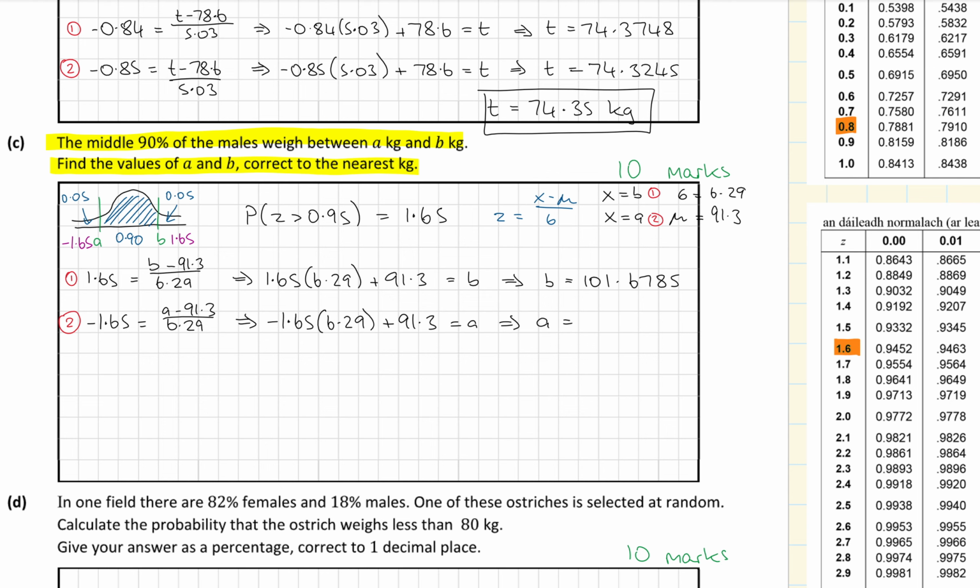Again, you can just go to your previous sum and swap out your plus 1.65 for minus 1.65, and we get a is equal to 80.9215. Correct to the nearest kilo, so for A we have 81 kilos, and for B then we're going to get 102 kilos.